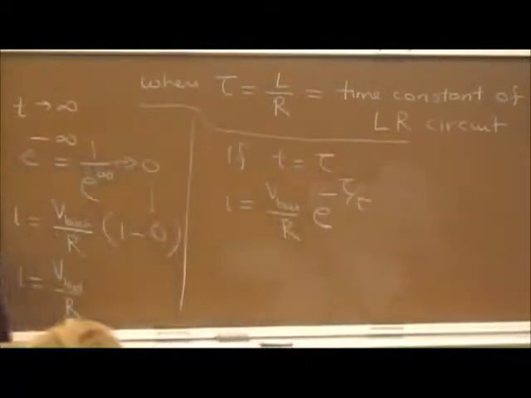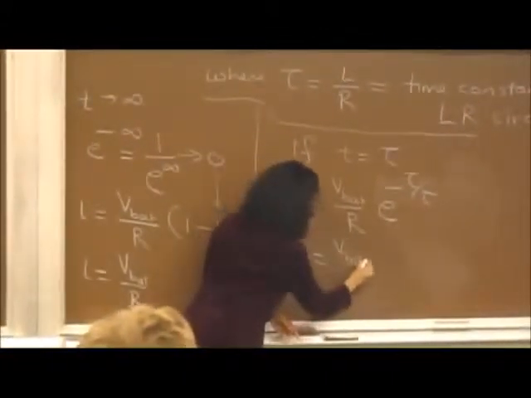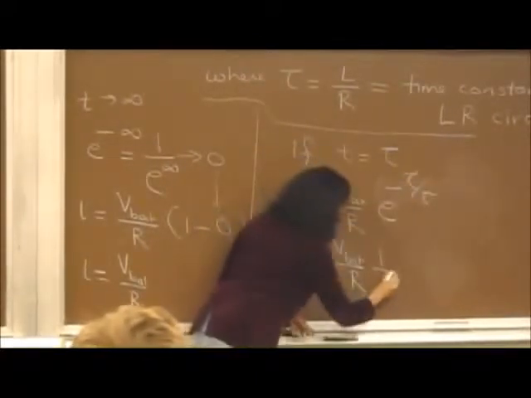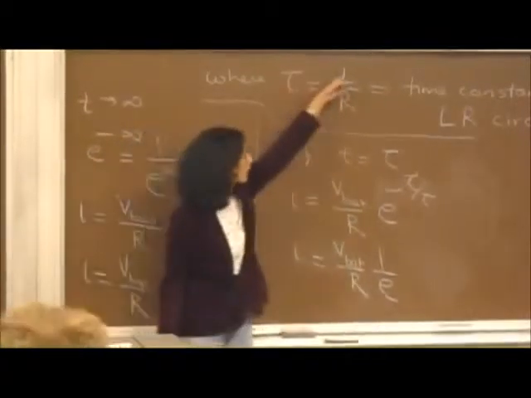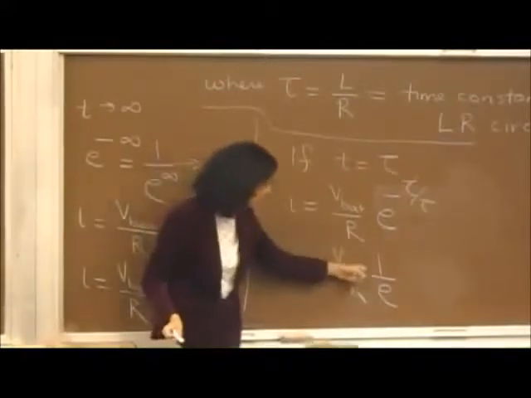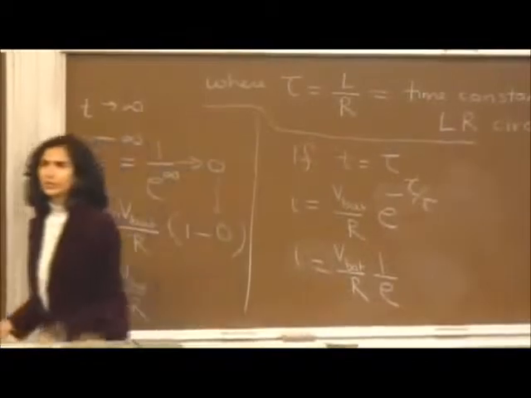I'm just plugging t equal to tau here, and what you see is I is equal to V battery divided by R, and this is e to the power minus 1, which is 1 over e. So again, the time constant tau equal to L over R is defined as the time in which the current will go to 1 over e of its maximum value.